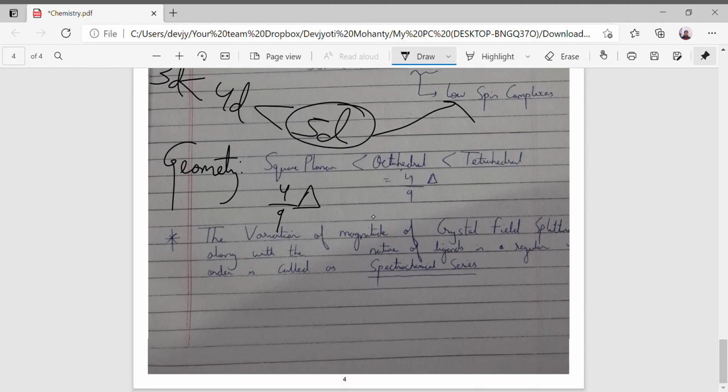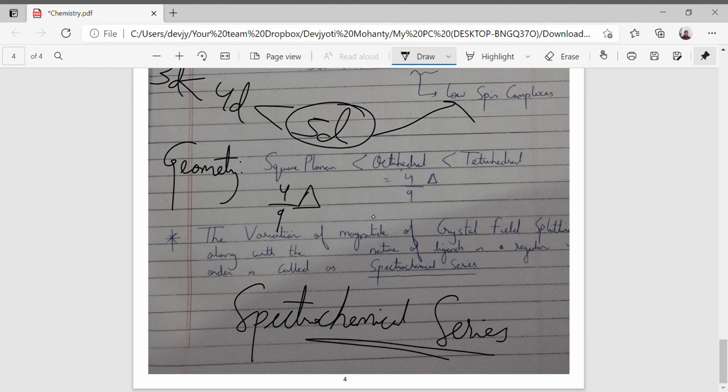Then at last let me talk about the spectrochemical series. So what is the spectrochemical series? The variation of the magnitude of crystal field splitting along with the nature of ligands in a regular order is called the spectrochemical series.